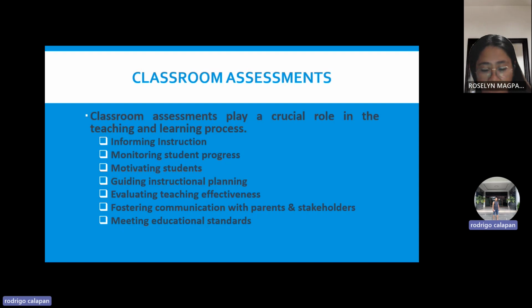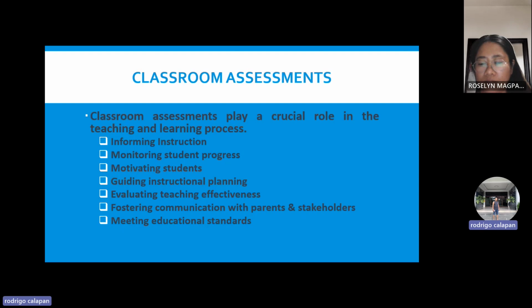So here are some reasons why classroom assessments are very important. Number one, as I have mentioned a while ago, informing instruction. We all know assessments provide valuable information about students' understanding and progress.